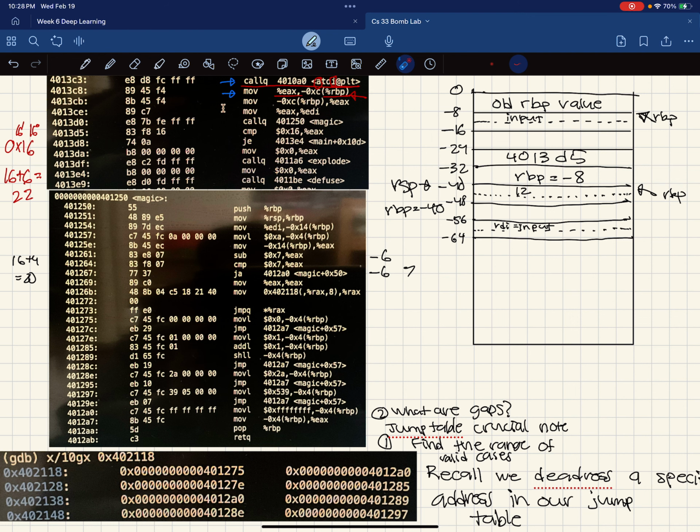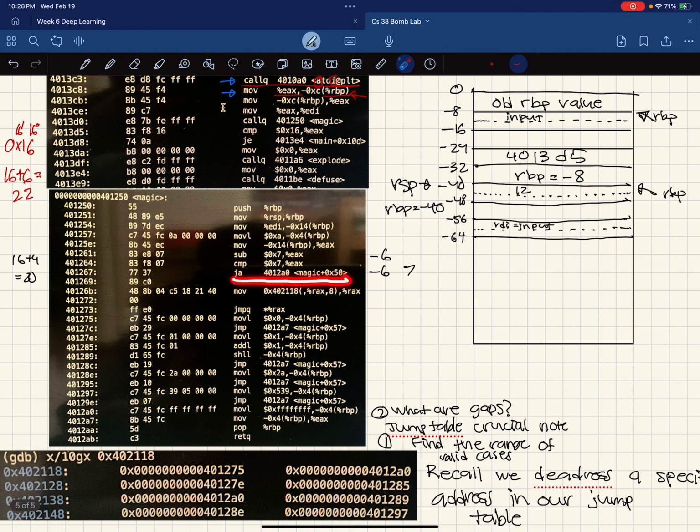Which one's above? Unsigned comparison. If it resolves, that's going to be the default case in your switch statement. Very important. That means it jumps to 4012A0. Sorry, I cannot read. 4012A0. Let me just draw that line, which is right here.